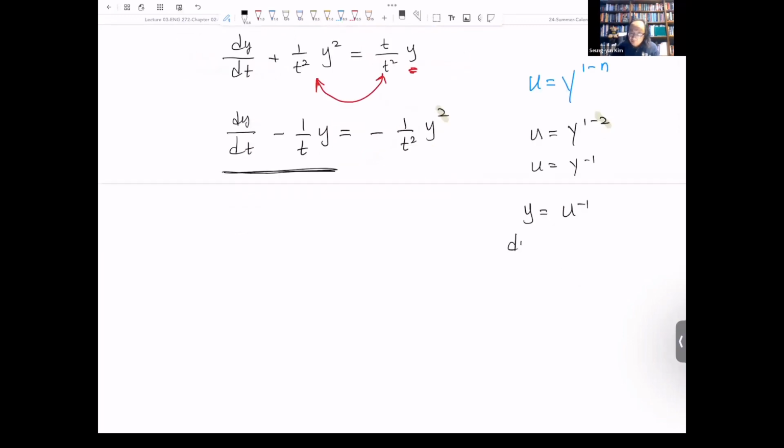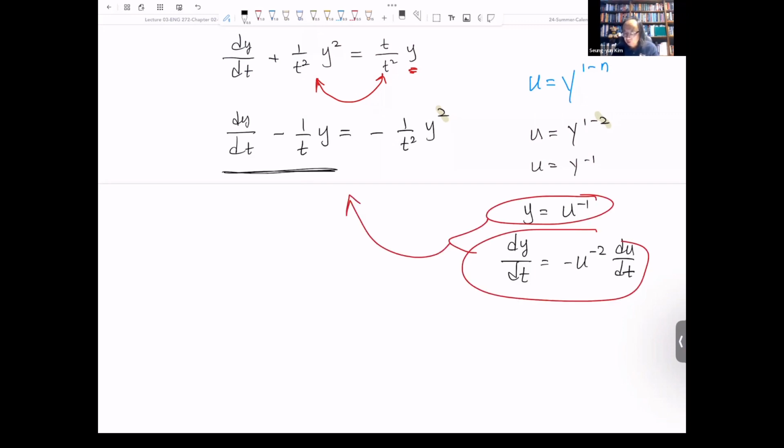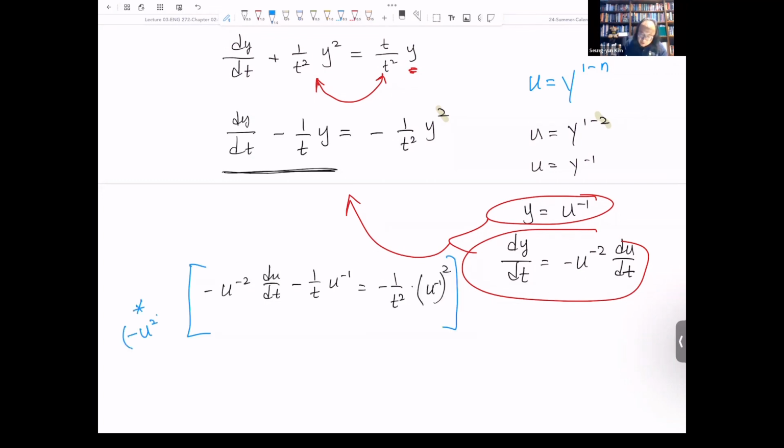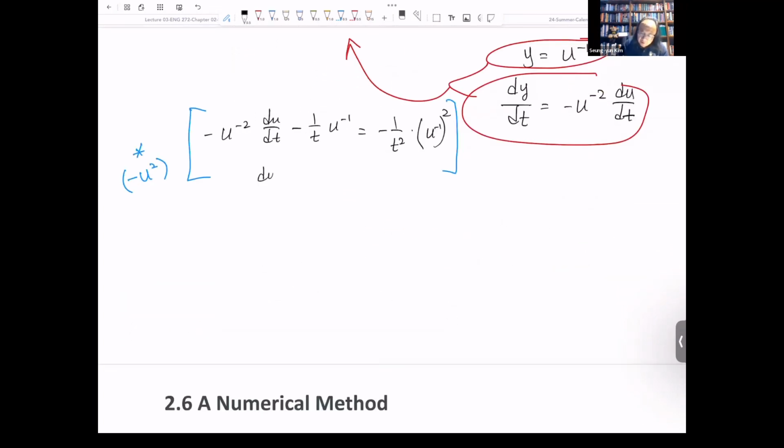Then, by the chain rule, dy over dt this time equals negative 1 times u to the negative 1 minus 1 du over dt. y equals u to the negative 1, so dy over dt equals negative u to the power of negative 2 du over dt. Plug that in. So we have negative u to the negative 2 du over dt minus 1 over t u to the negative 1 equals negative 1 over t squared u to the negative 2. Then multiplying by negative u squared, du over dt plus 1 over t u equals 1 over t squared.